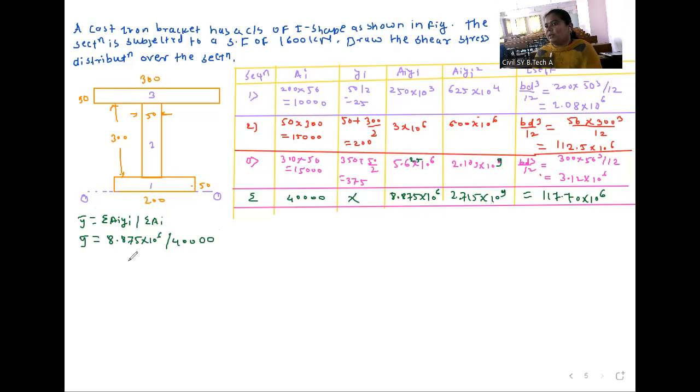From this you will get y bar, which is equal to 221.875 mm. Okay, we will locate it from the bottom. So suppose here this distance is 221.875. So you calculate this top distance and tell me the value of this.